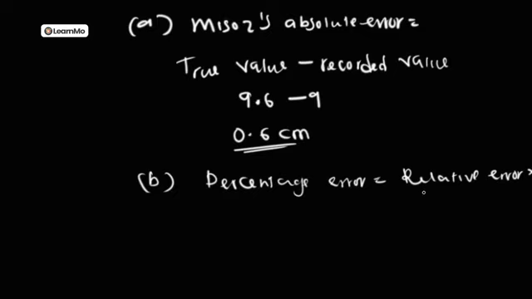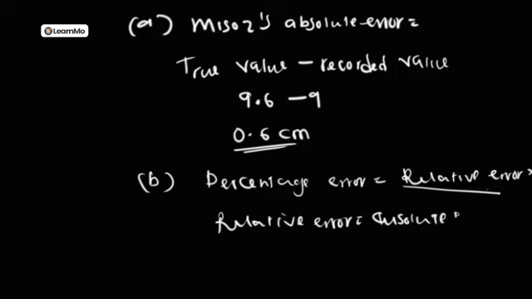So for you to find the relative error, you say relative error is equal to absolute error over true value, multiplied by 100.